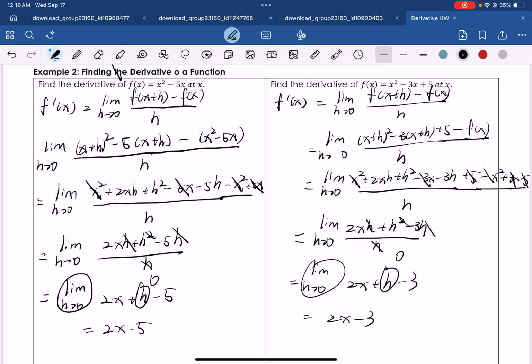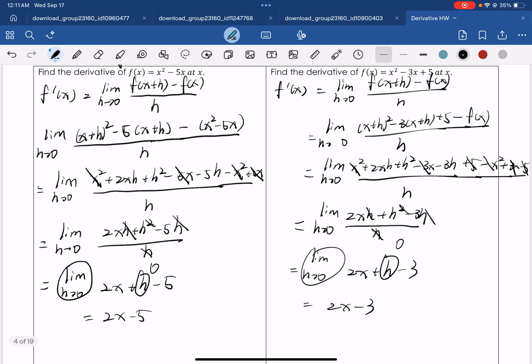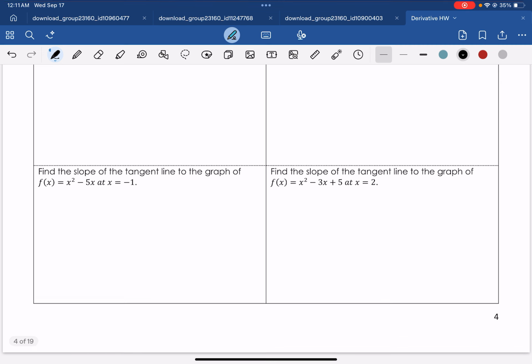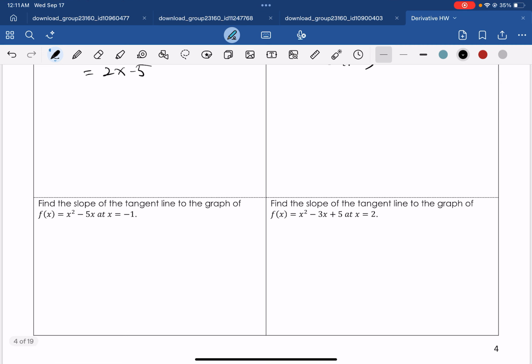Alright, so that's the derivative of the function f of x equals x squared minus 3x plus 5 at x. Remember, it's the derivative of the function at x. Alright, let's do the next one. Find the slope of the tangent line to the graph of f of x equals x squared minus 5x at x equals negative 1.